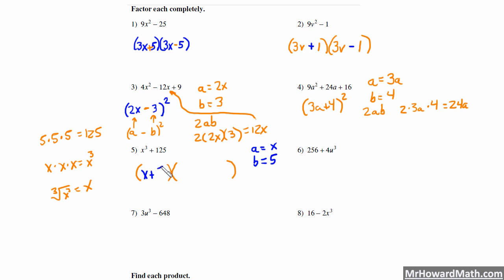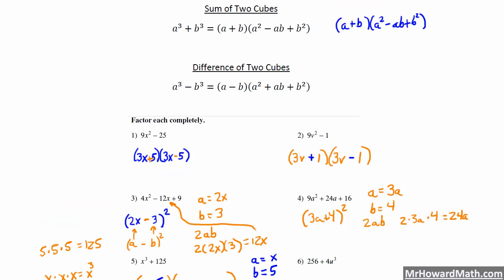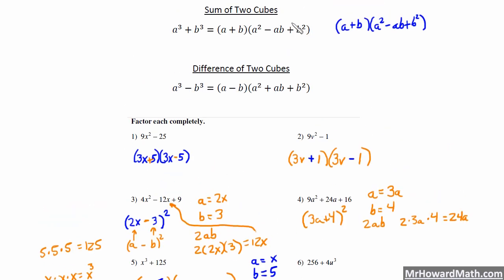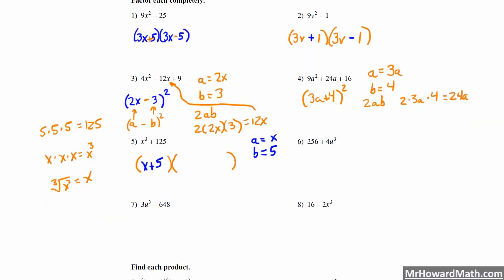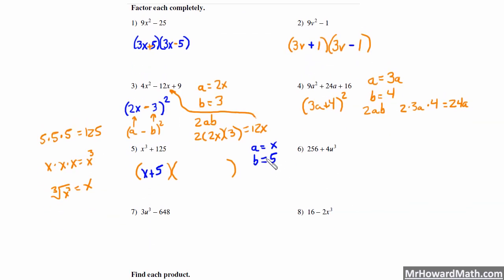We know that this last term, remember from our pattern up here on sum of 2 cubes, is going to be b squared. We've identified that our b was equal to 5. What is 5 squared? It's 25, so we've got plus 25 here.